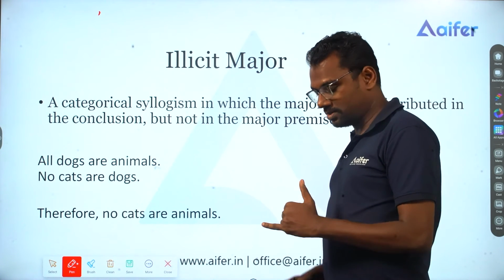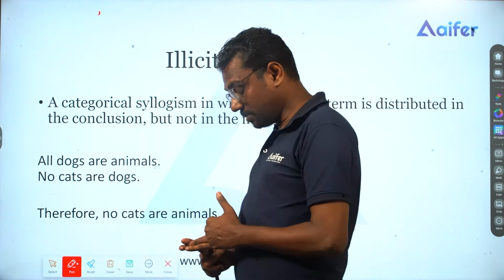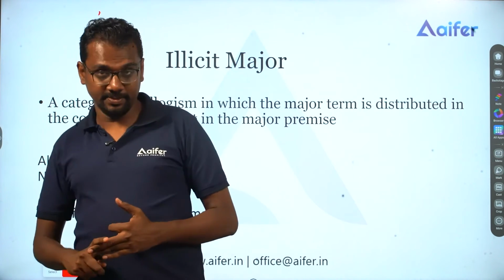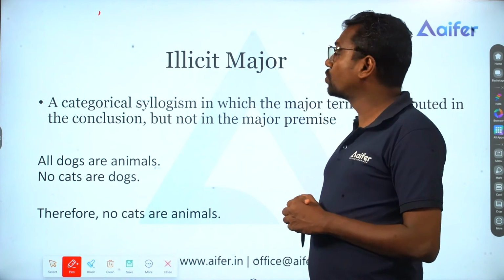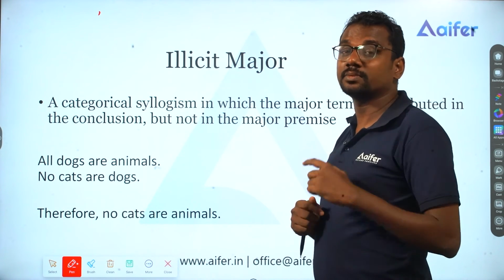I think you are clear what is a major term, what is a minor term, and what is a middle term, what is distributed and what is undistributed. So the first two, we have illicit major and illicit minor.